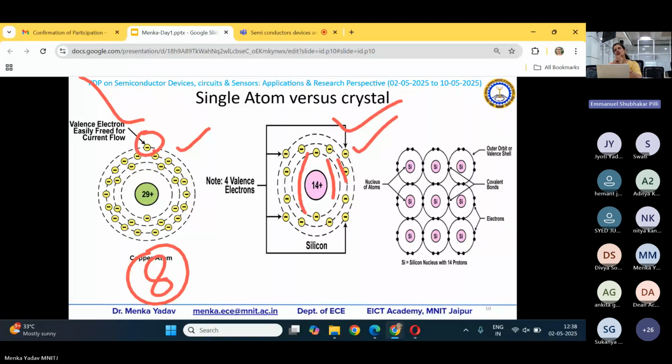To make this atom stable, we need 4 more electrons. These 4 can neither be given to someone, nor can 4 be taken from some other atom. So the concept of the covalent bond comes into the picture for semiconductors.